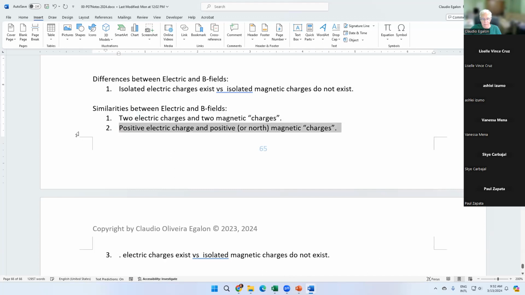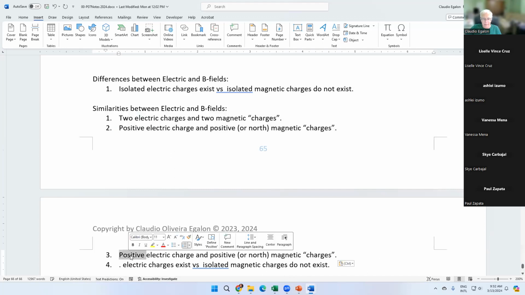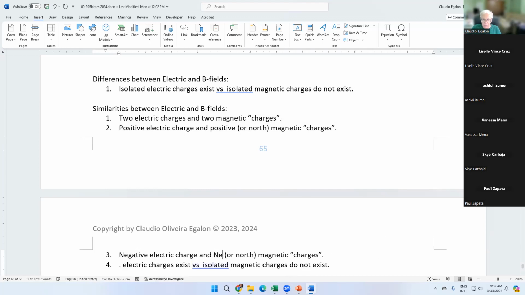Another one: a negative electric charge and a negative, or south, magnetic charge.